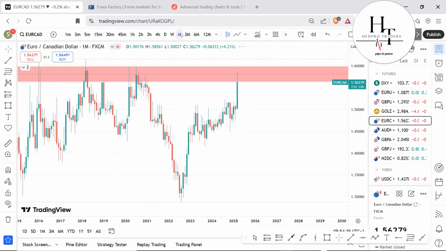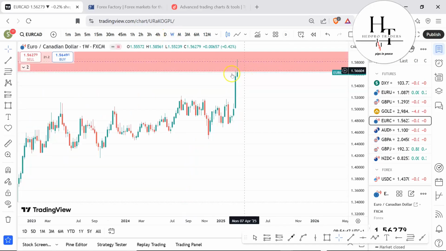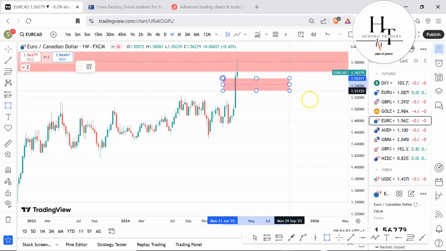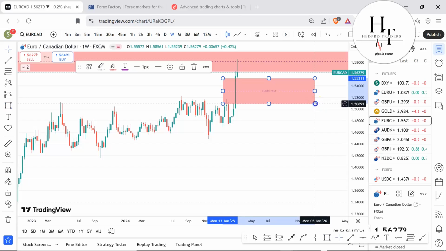So look at the monthly charts. You can see how price has traded into it, grabbed liquidity here, and this candle is rejecting. Let's look at the weekly charts. You can see how price is rejecting from it. So if we see a reversal from that point, take note of this fair value gap here on the weekly charts. We might see price trading into it, right?